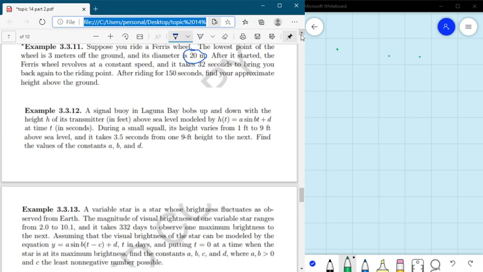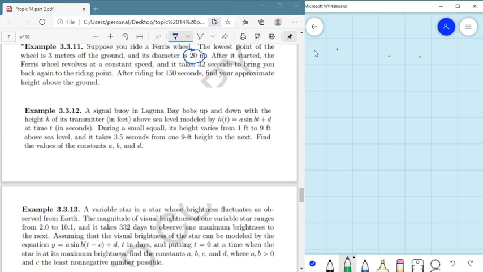So in this case, we learned that the minimum, small letter m, is equal to 1 and the capital letter M is 9. 9 feet and 1 foot. So we have to get the amplitude.